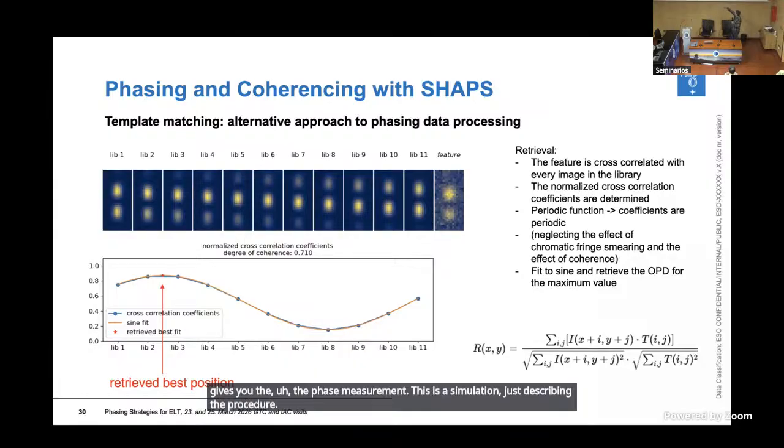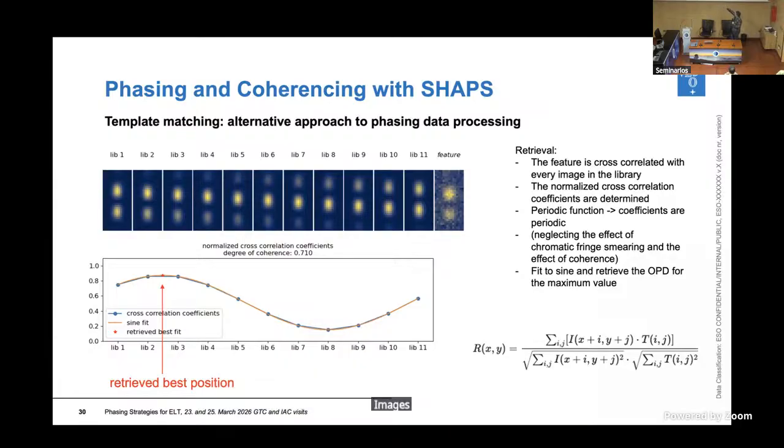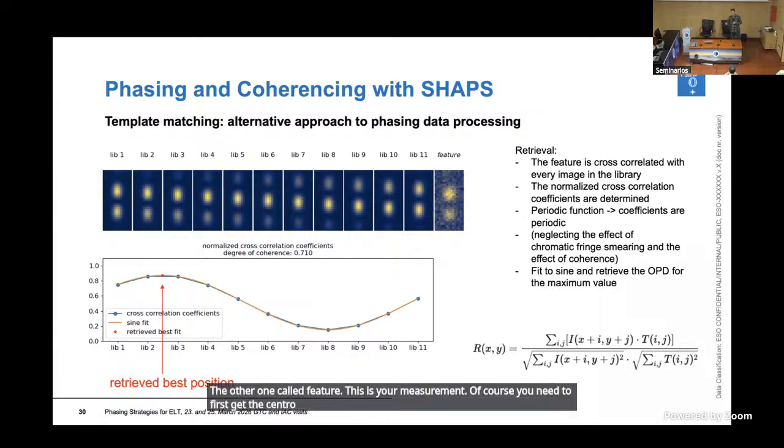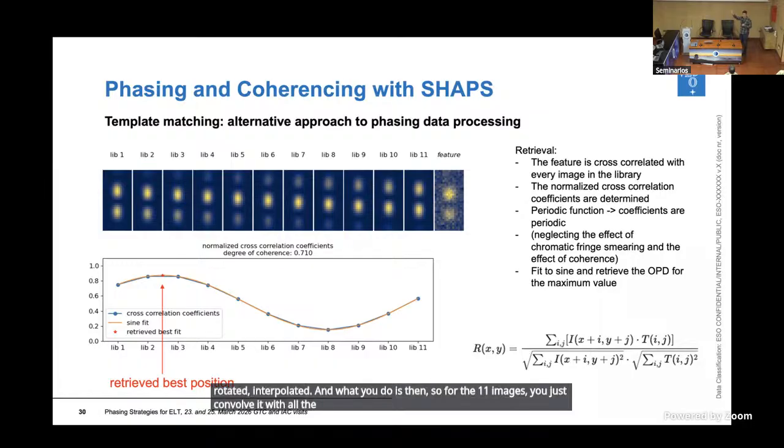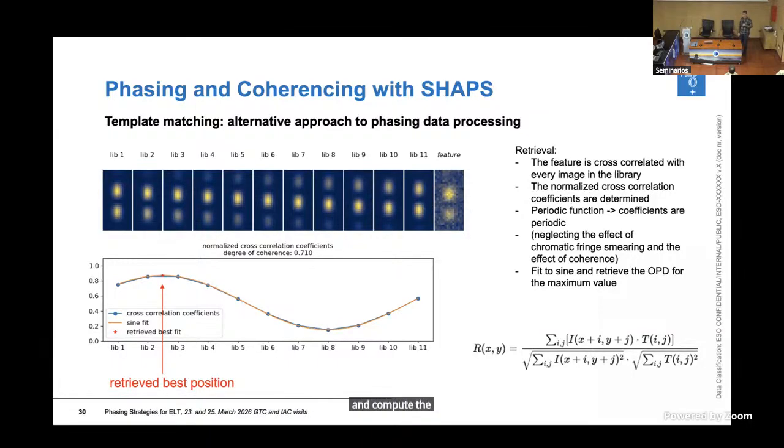So the first images, lib1 to lib11, this is your image library. So you apply phase steps to your interferometer, you record the response, put it in the library. The other one called feature, this is your measurement. Of course, you need to first get the centroid, you need to rotate it, interpolate it, and what you do then, for the 11 images, is convolve it with all the images and compute the normalized cross-correlation coefficient.